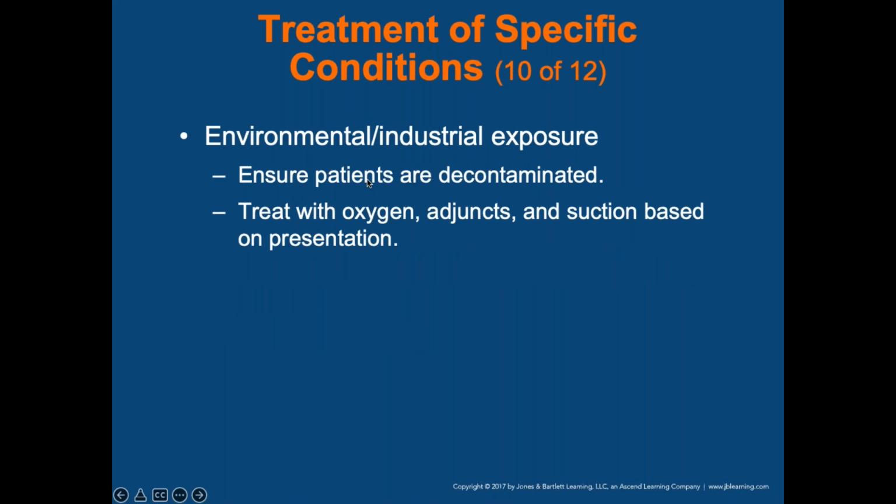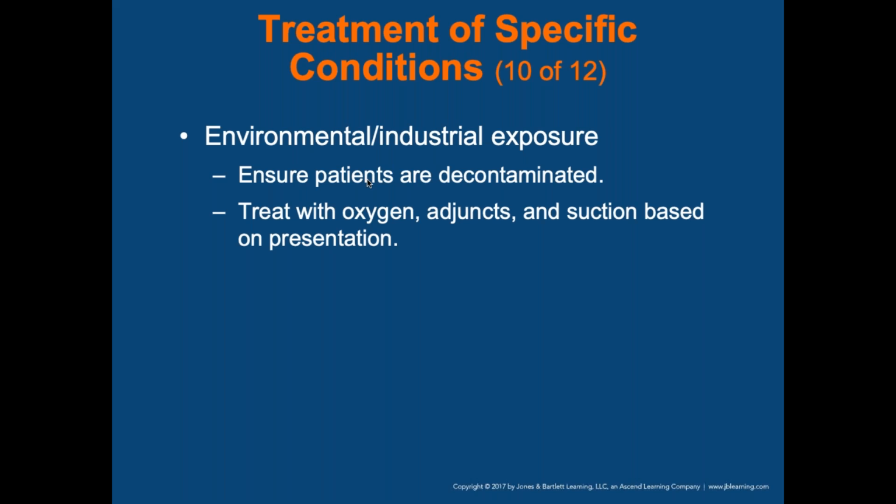Environmental, industrial exposure. Before you put them in the back of your ambulance, if they need to be decontaminated, then do so. Decontaminate prior to coming in. If it is a true hazmat situation, we're in the cold zone. We do not go into the warm. We do definitely not go into the hot zone. Let trained professionals that have the right certifications do that. We do not want to take contaminated personnel or contaminated patients in our ambulances.